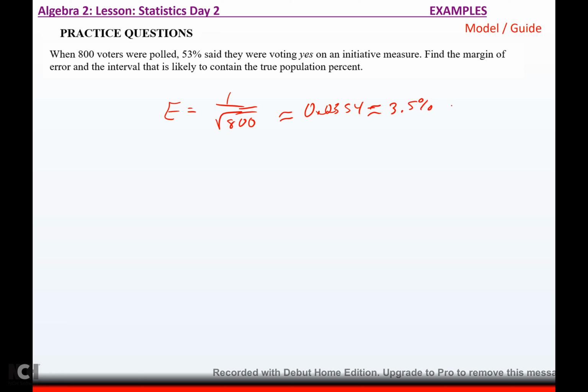So if 53, my margin of error is going to be 53 plus or minus 3.5, which says that the interval has to be between 53 minus 3.5, which is 49.5, and 53 plus 3.5, which is 56.5.